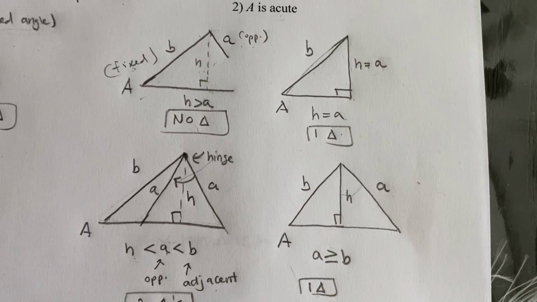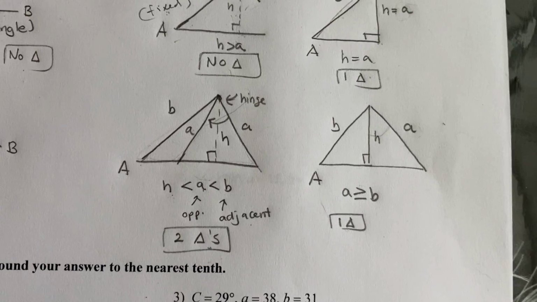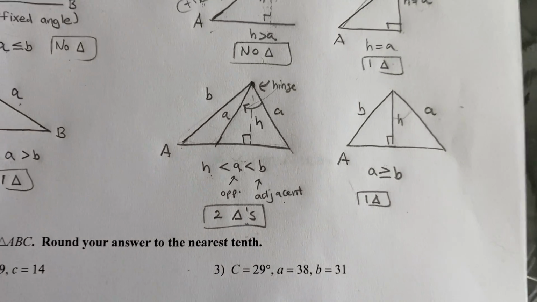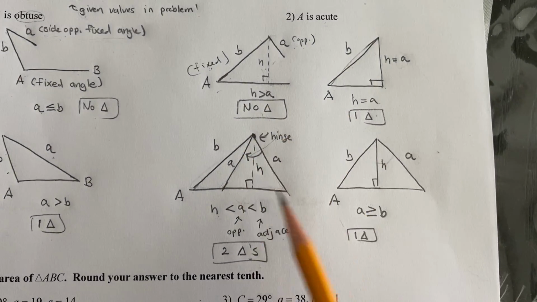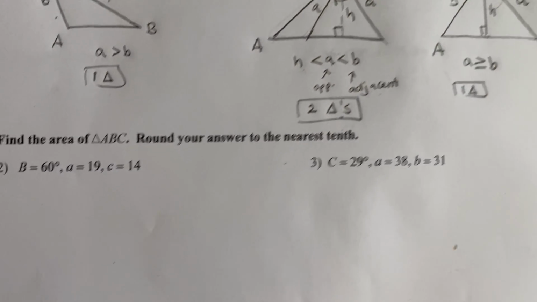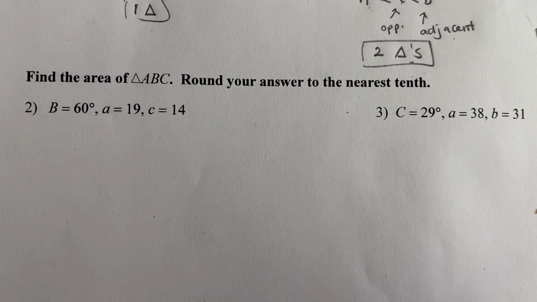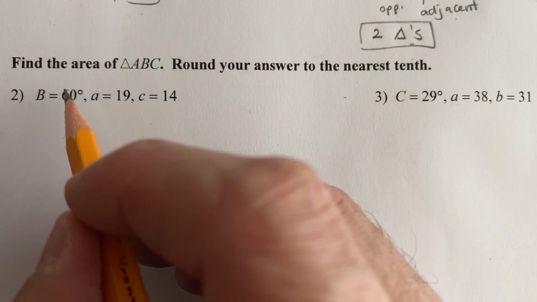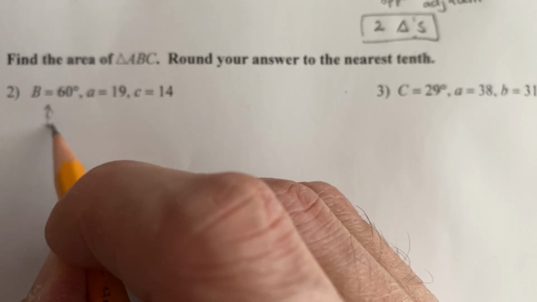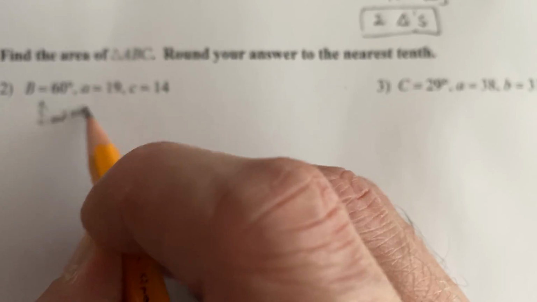Okay, so let's do some examples on finding area first, and then we will do some examples involving this. Find the area of the triangle, rounding to the nearest tenth. What I always like to do is draw the picture. Just call this your fixed angle, because this is the angle that they give you in the problem.